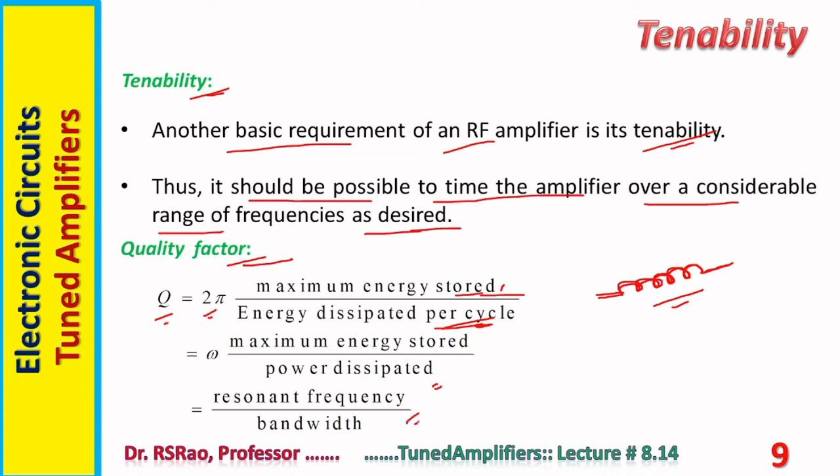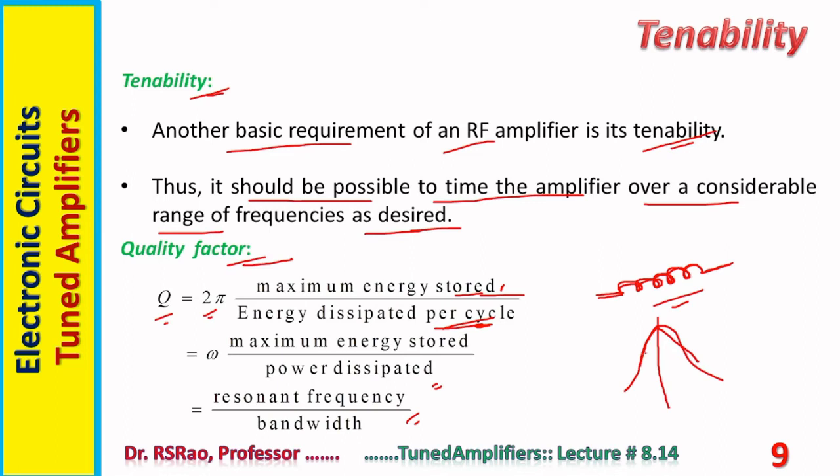It can be shown Q is also equal to the ratio of resonant frequency to bandwidth. We have seen for an LC circuit, the response curve is a bell curve. Maximum gain at one frequency, the resonant frequency, and gain falls, impedance falls as you move away from the resonant frequency.